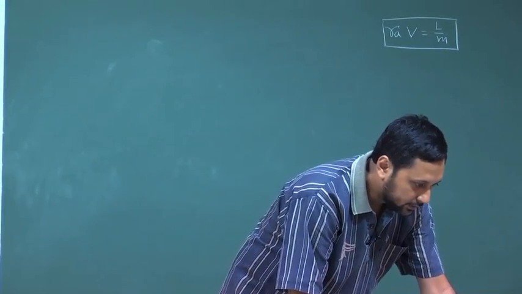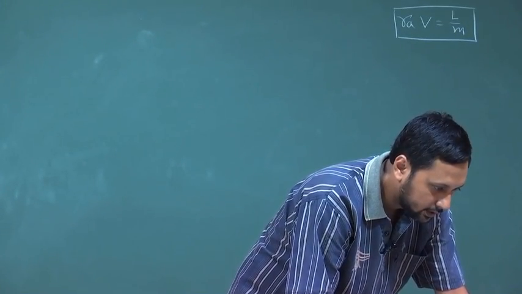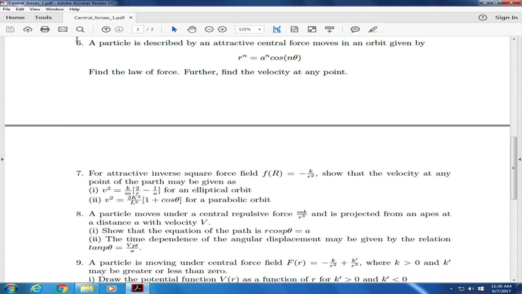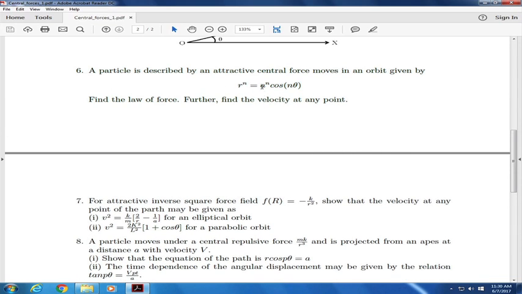So, we start again with problem number 6. Here the orbit is given in terms of this equation, which is r to the power n equal to a to the power n cos n theta. We need to find the law of force and also the velocity at any point of the orbit, right.